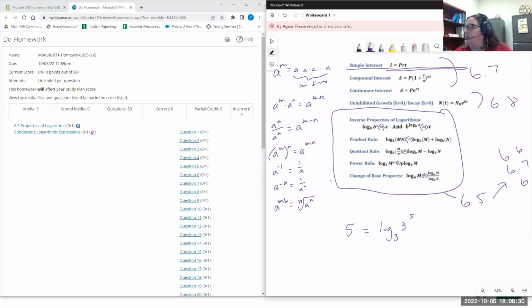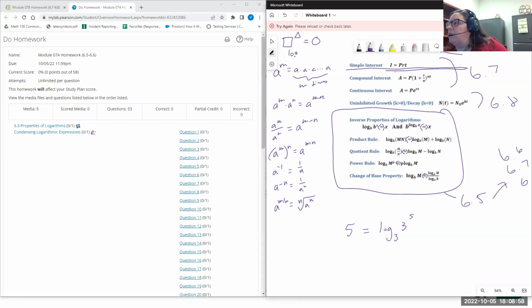One thing that is not on here, to keep in mind, is the relationship between logs and exponents, which is that, and I'm just going to write it without even using any letters, if I have a thing to a power equal to another thing, then I can convert that into logarithm form.